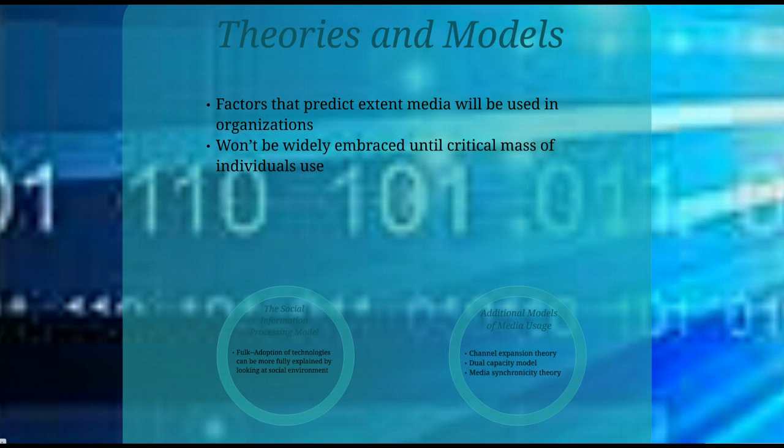looking at some of the different theories on technology and organizational communication, there are several. Your book focuses in on the information social processing model, which we'll get to in a second, and then sort of gives an overview of some additional. But essentially what these theories are doing is they're trying to illustrate the factors that'll predict how much media or technology will be used.